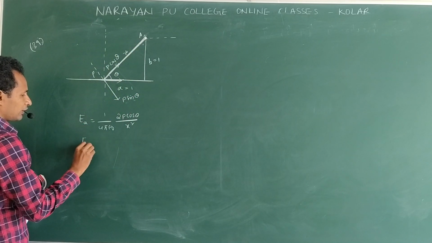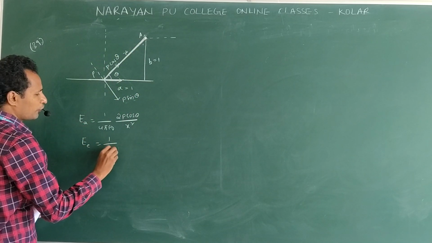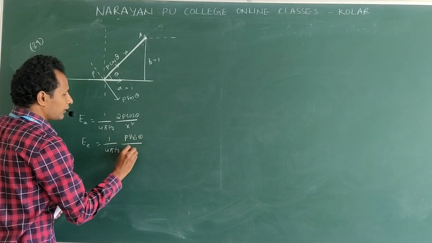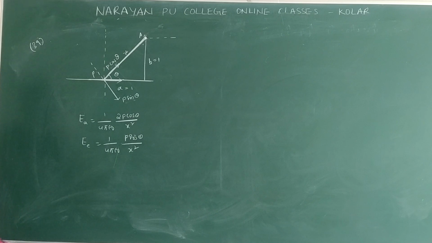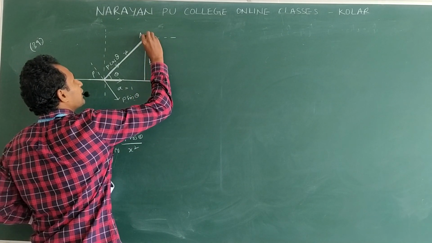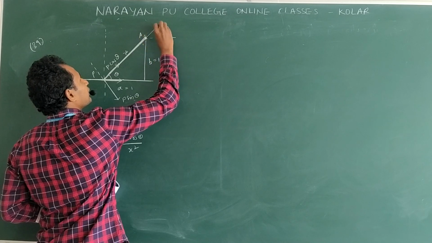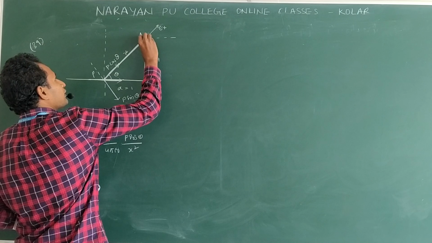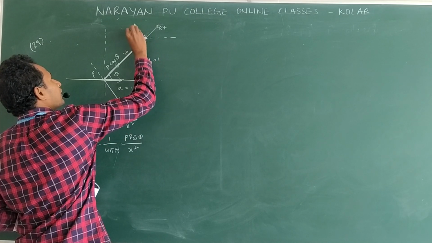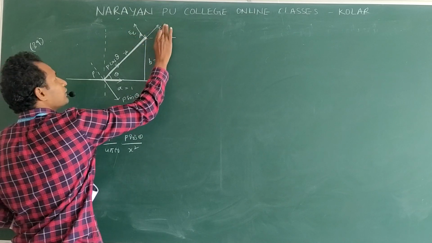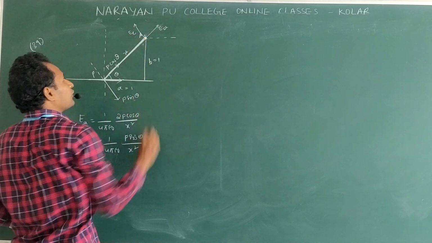Then E equatorial 1 by 4 pi epsilon naught P sin theta by x square. Now one field is acting, this is E axial, and this is E equatorial.